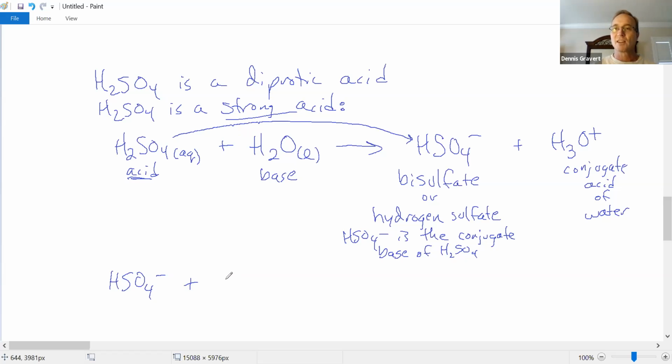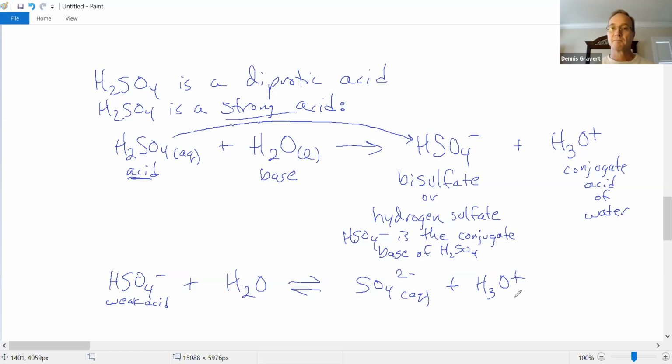It's not very strong of an acid by itself. We now get a reversible reaction. It's a weak acid. But it can still donate its second hydrogen. It goes to the water, and then bisulfate becomes sulfate ion. And you create a second molecule of hydronium.